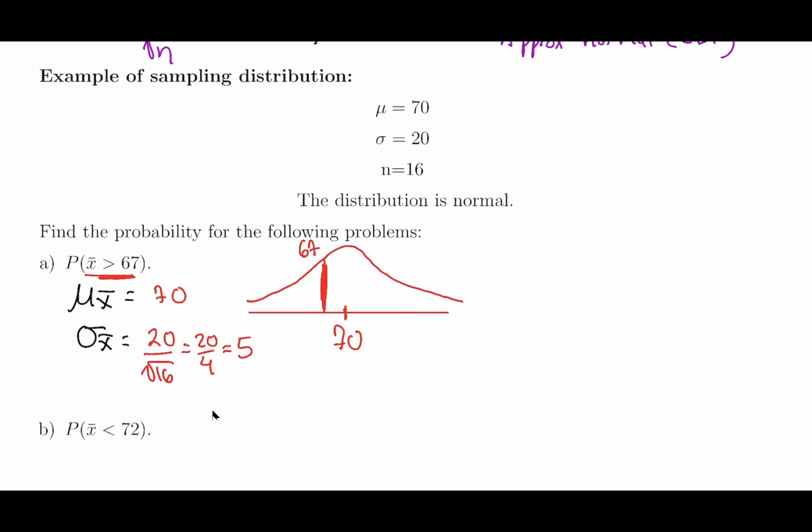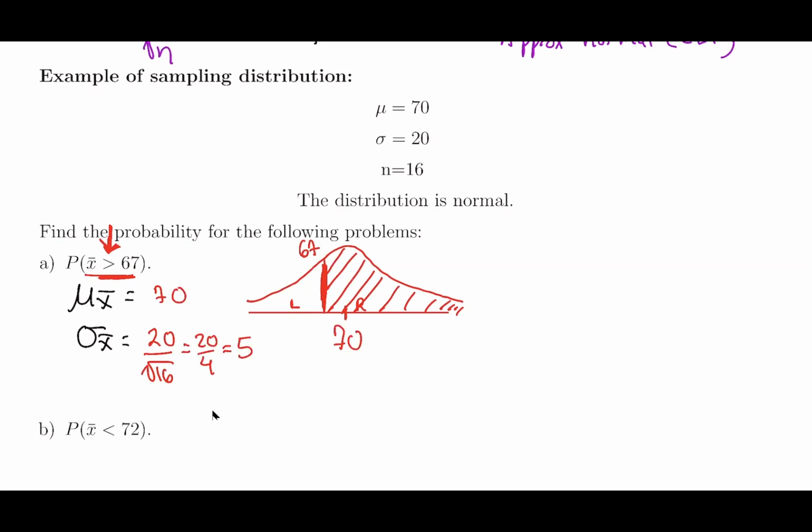Which side do I want to shade, the left side or the right side? If you look at this inequality, which side is it pointing to? The right. So you want to shade the right. Everybody good so far on this?